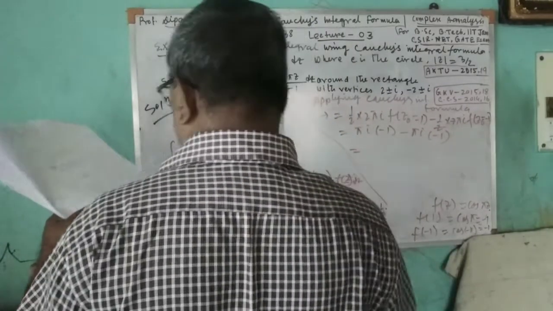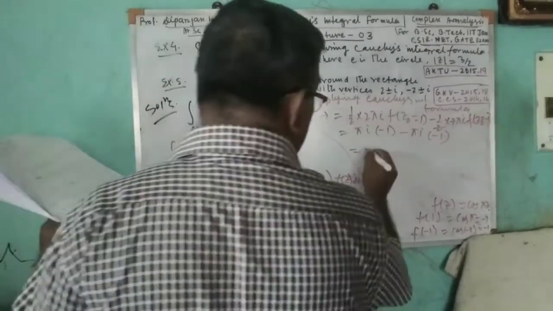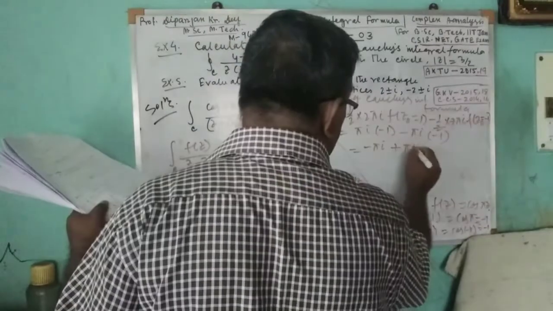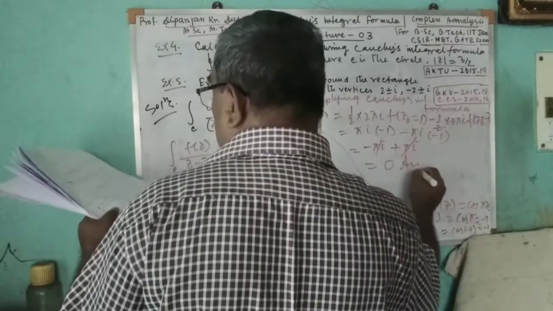That is minus pi i minus minus, plus pi i. So this and this cancel, and 0 is the answer here.